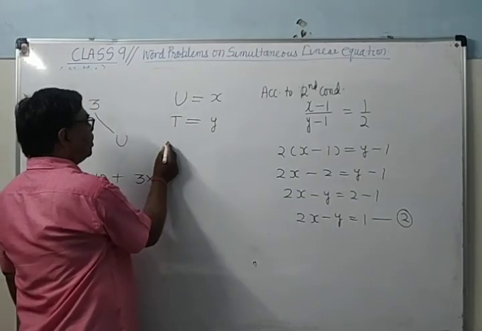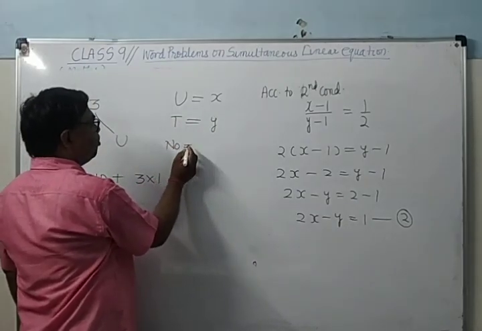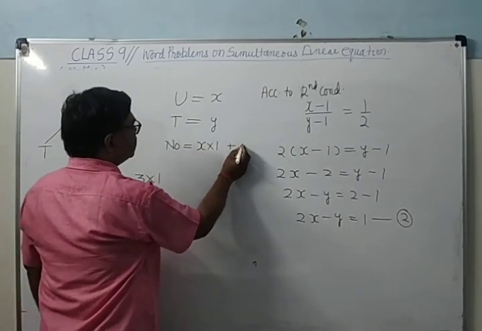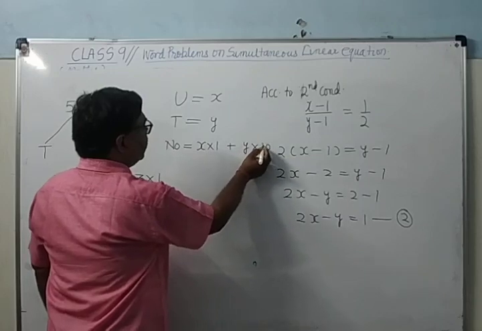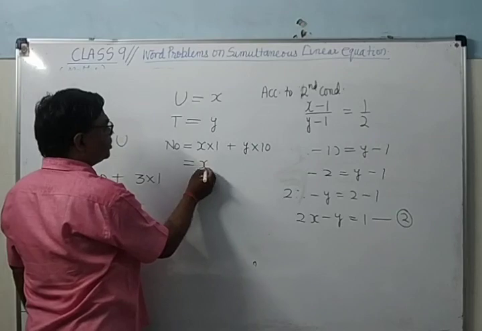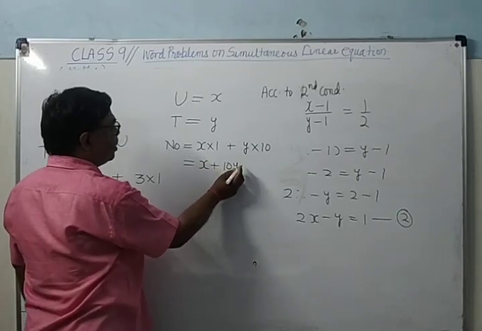So what will be the number? Number will be the same thing: unit digit by 1, tens digit by 10, and then add. So when you will add, what will you get? You will get x plus 10y.